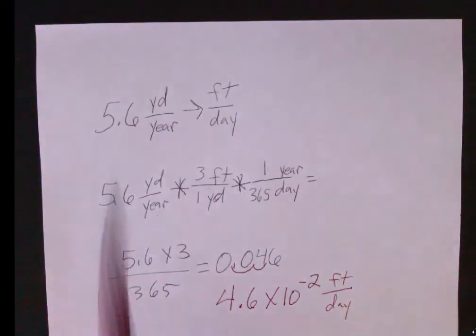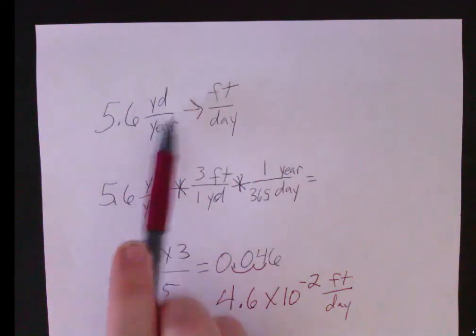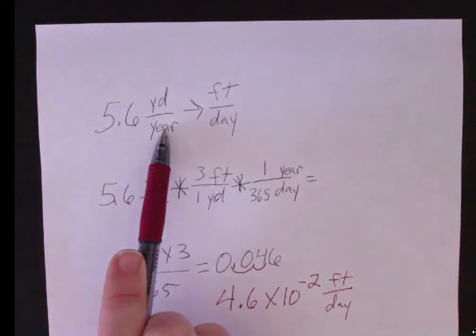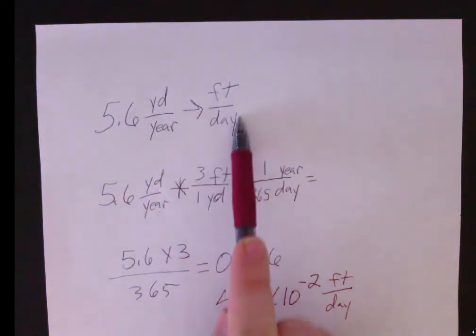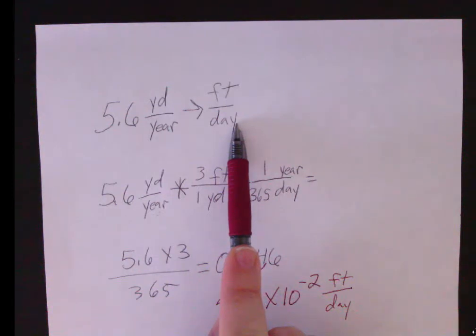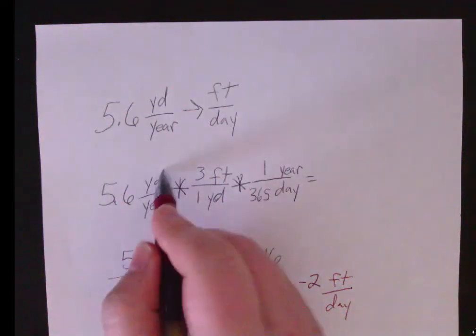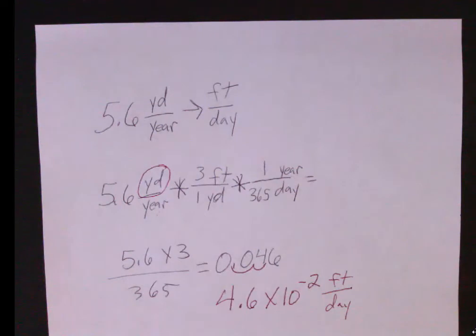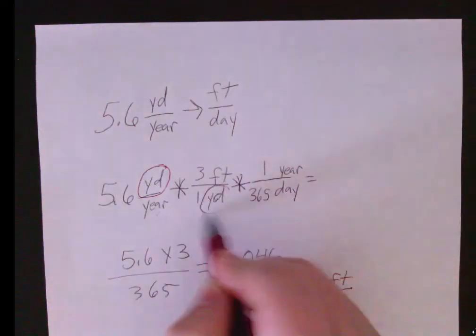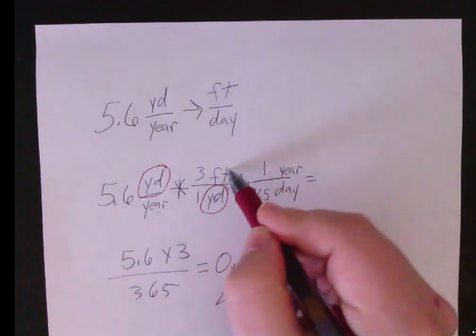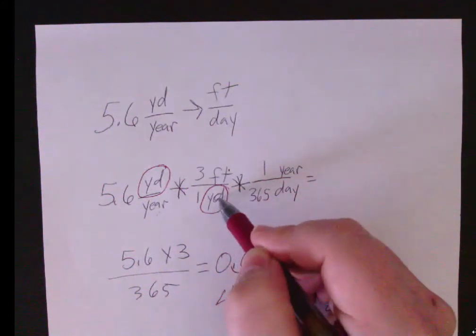So just make sure that when you're setting this up, you know what your starting units are and what you want to convert them to. Then set it up so that whatever you have starting on the top, you move to the bottom, over what you want to replace it by. And then you just ask, okay, how many feet are in a yard?